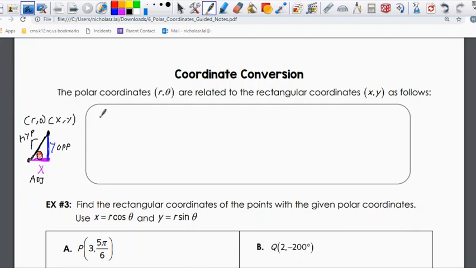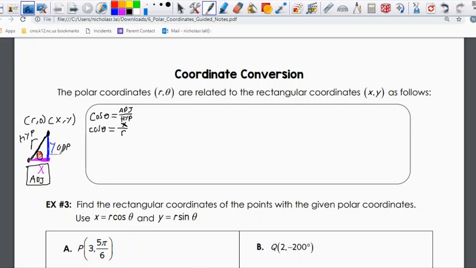So the cosine of theta is equal to the adjacent side over the hypotenuse, which means that the cosine of theta is equal to x over r, because x is associated with the adjacent side, right?